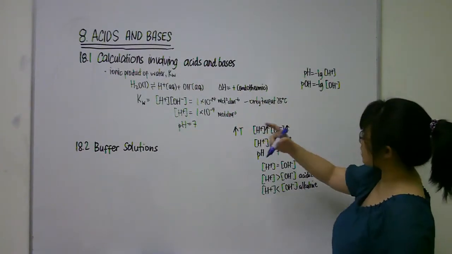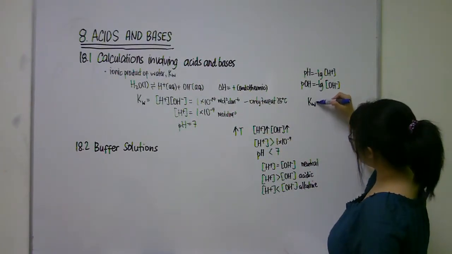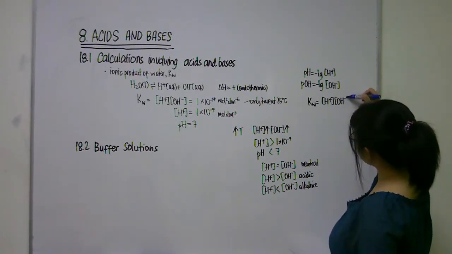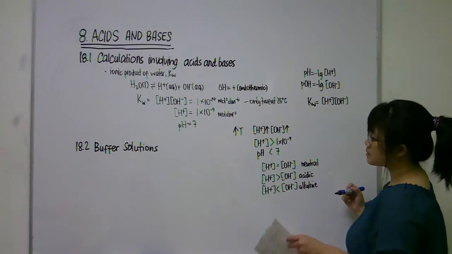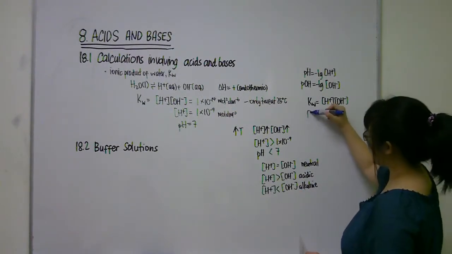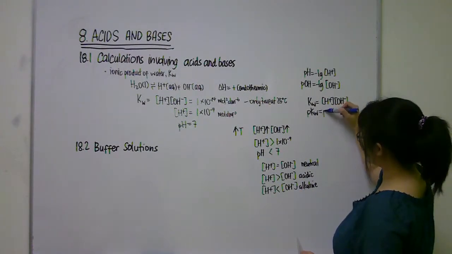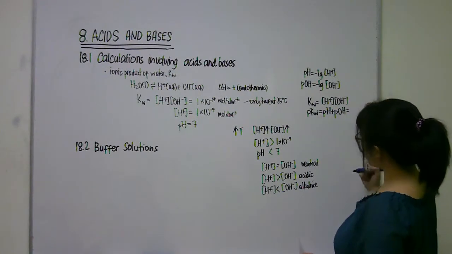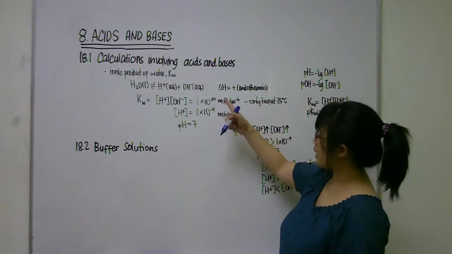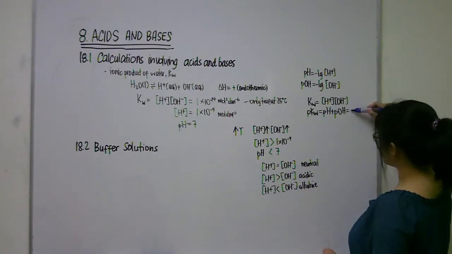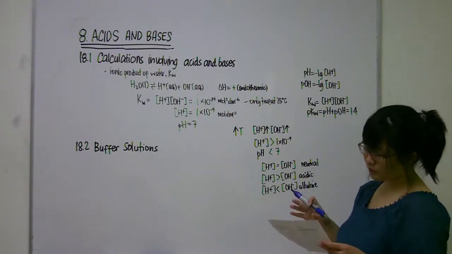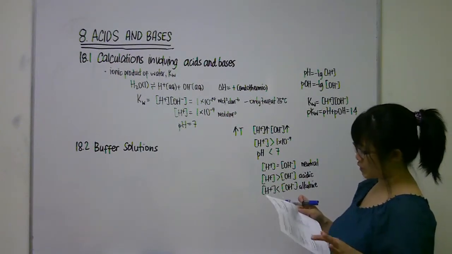Based on the Kw equation, if we do some math and take negative logarithms of this expression, you'll get pKw is equal to pH plus pOH. And because we know the value of Kw at 25 degrees Celsius, the sum of pH and pOH is always 14 at 25 degrees Celsius only.